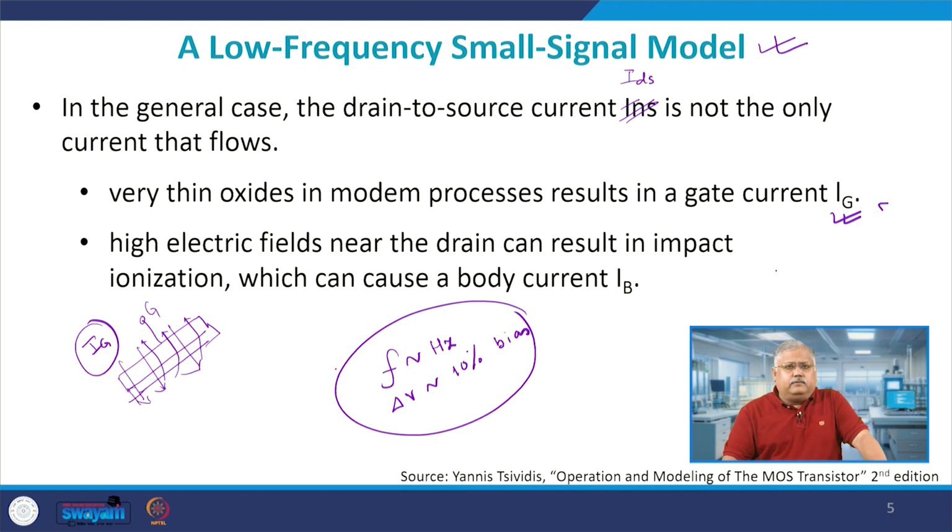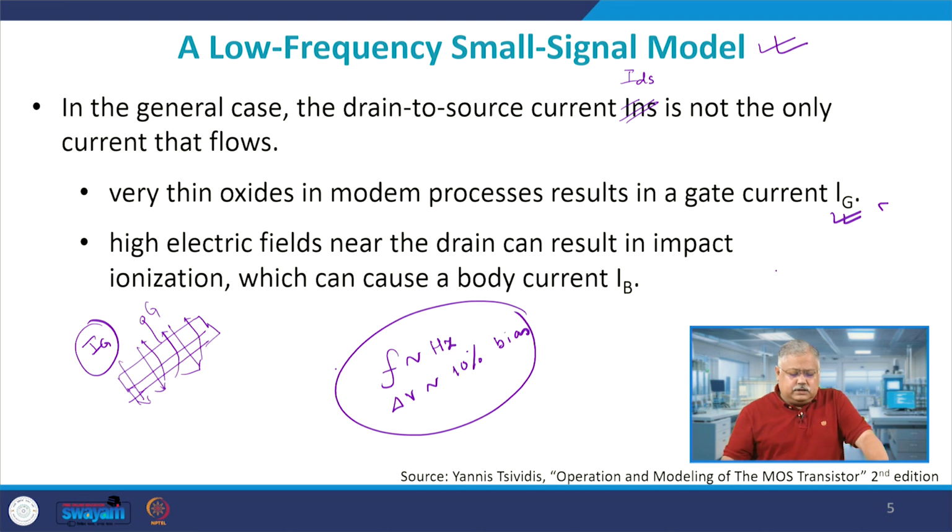The second problem which we encounter is that if your drain voltages are very high, there will be heavy electric fields near the drain end. Why? Because you are reverse biasing the drain to the body. So the electric field will be very large, almost like a reverse biased PN junction diode, because of which there will be impact ionization.